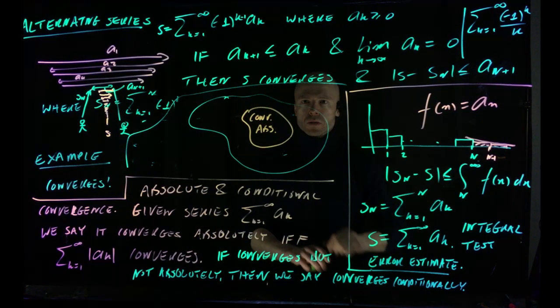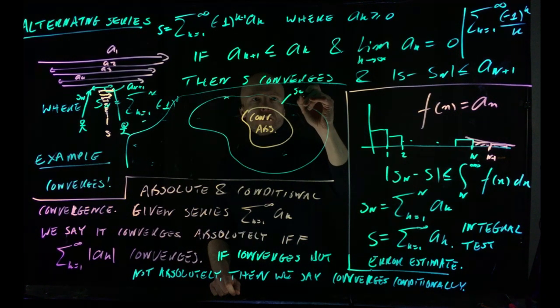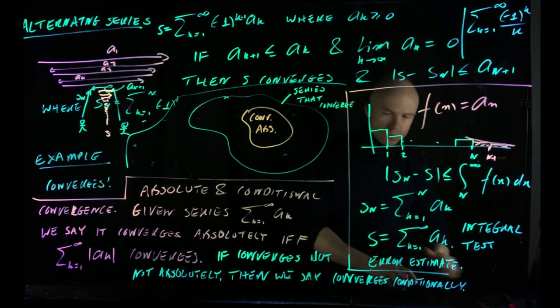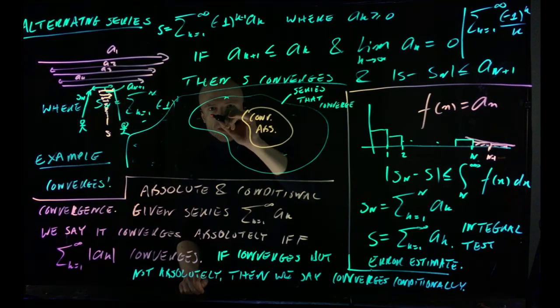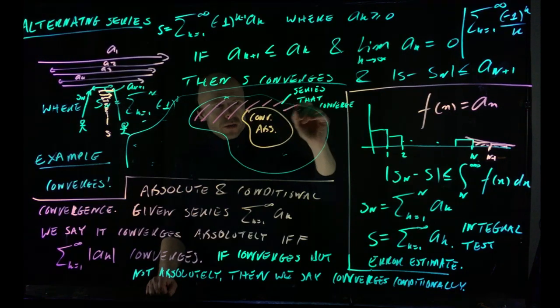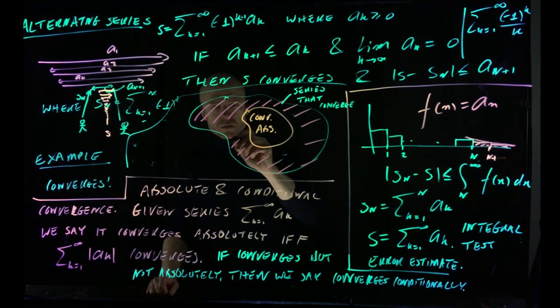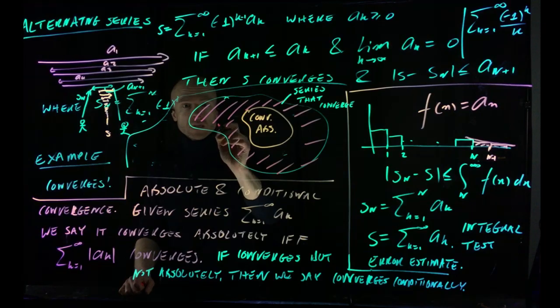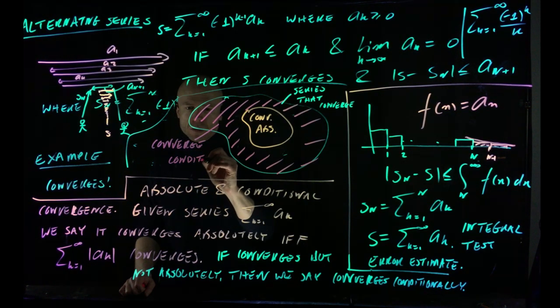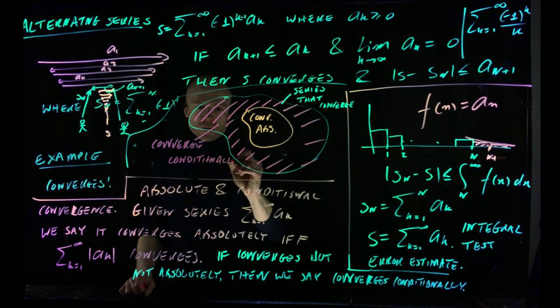So this is series that converge. And those guys which still converge but do not converge absolutely, these are these guys in red, which are the ones that converge conditionally.